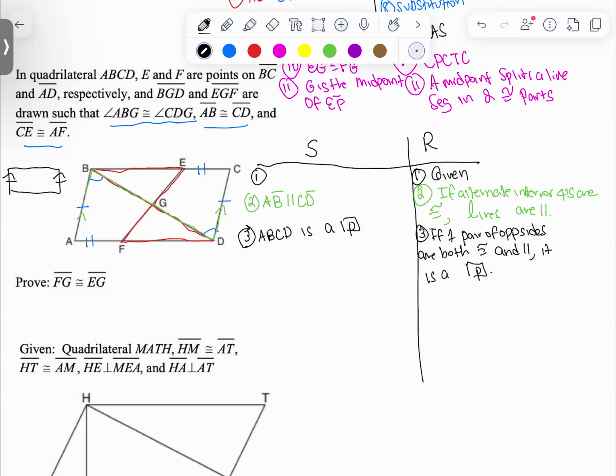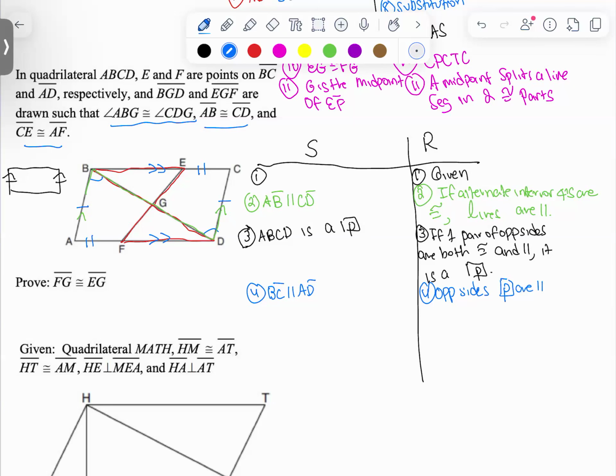The quadrilateral is a parallelogram. From here, I can say that BC is parallel to AD because now I know it's a parallelogram. And I know that opposite sides of a parallelogram are parallel.